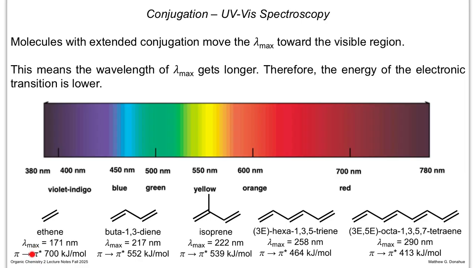Now notice the other relationship. This is an energy value. When it says pi to pi star, pi means the bonding orbitals, they're filled. Pi star means empty or antibonding.